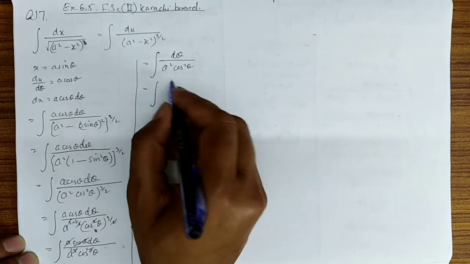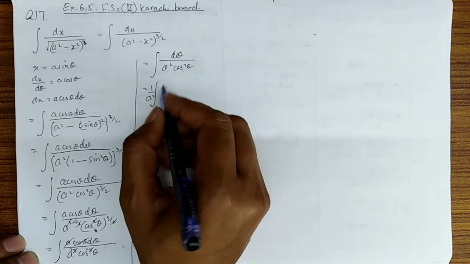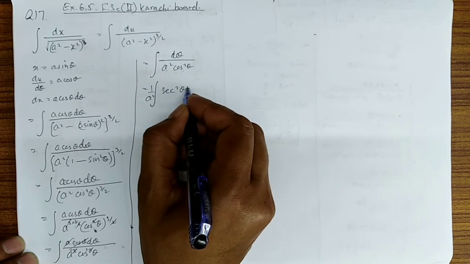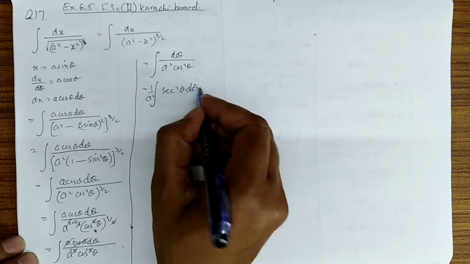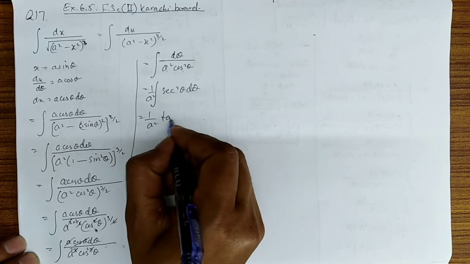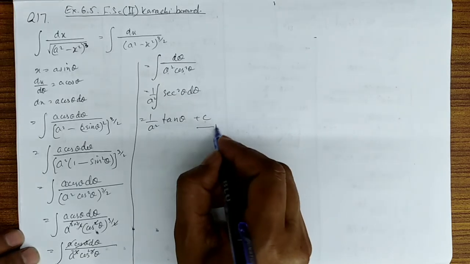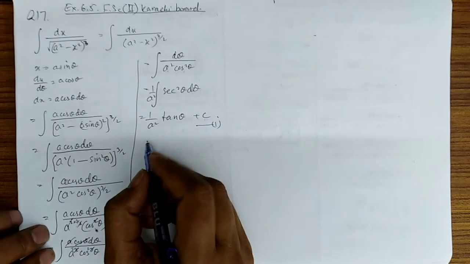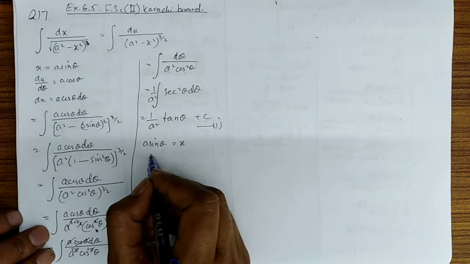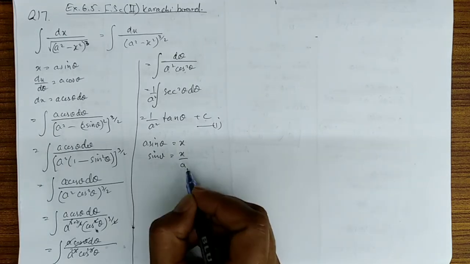Secondly, taking this a square outside here and moving this cos square theta into numerator, that provides sec square theta d theta, 1 upon a square. Integral of sec square theta is tan theta plus c. So now by naming this as 1, and we have originally mentioned that a sin theta is equal to x and sin theta is equal to x upon a.